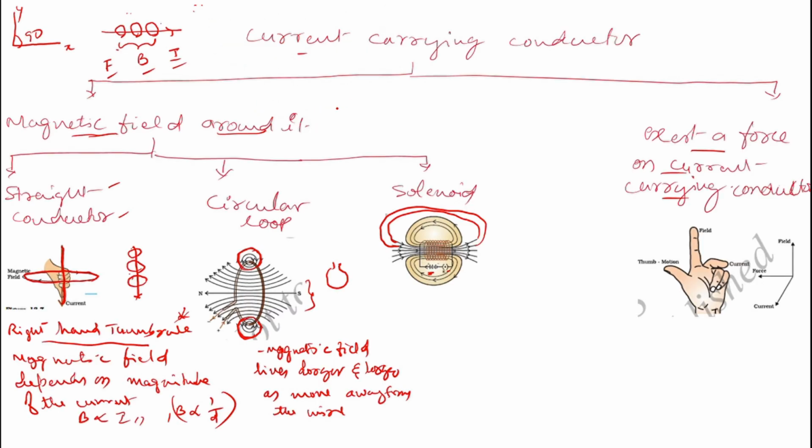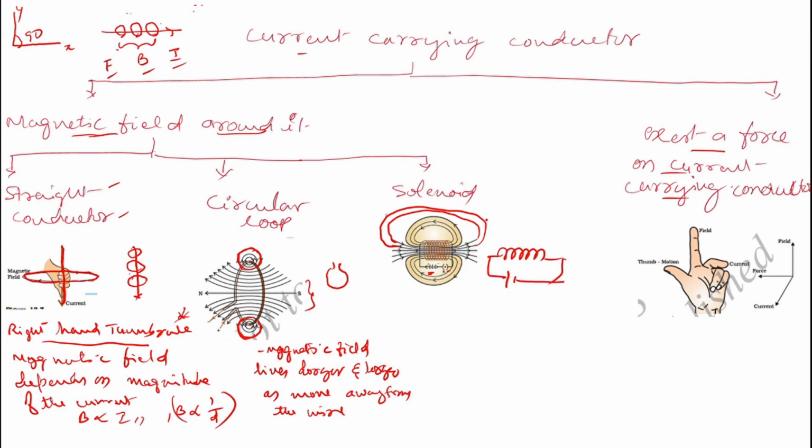Next one is the solenoid. Solenoid, you see, is a number of circles, just wrapped like this, and it is connected to a battery. So already this I explained. Four points we will see.